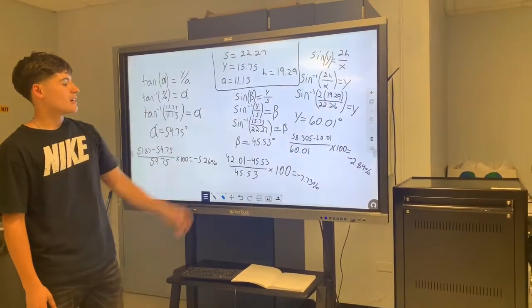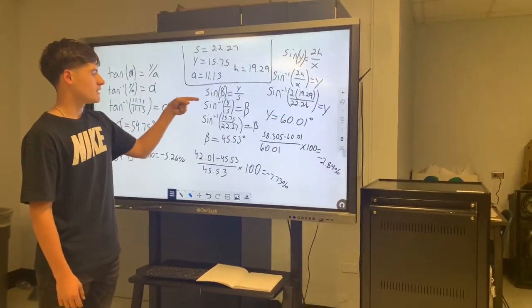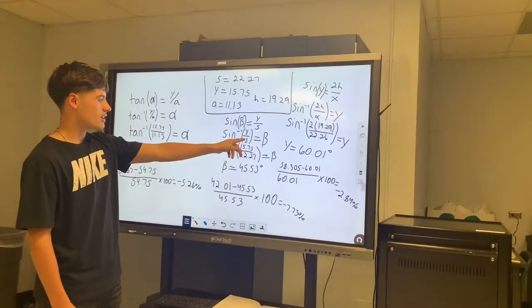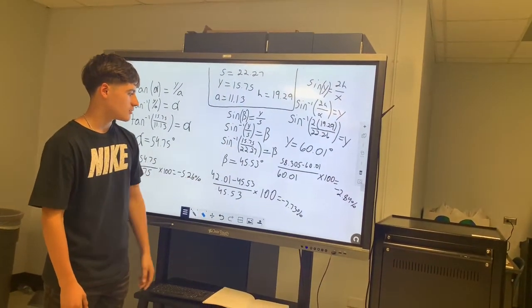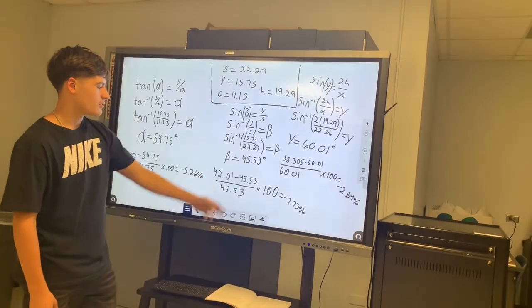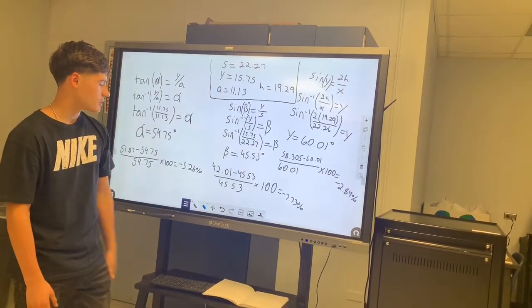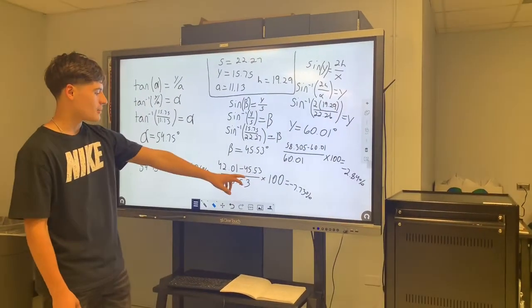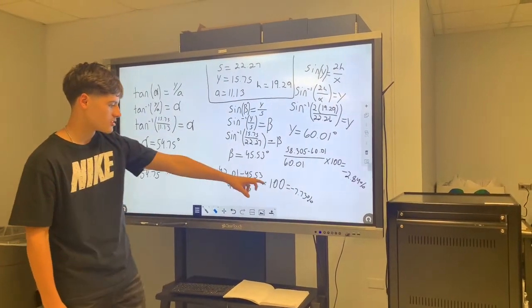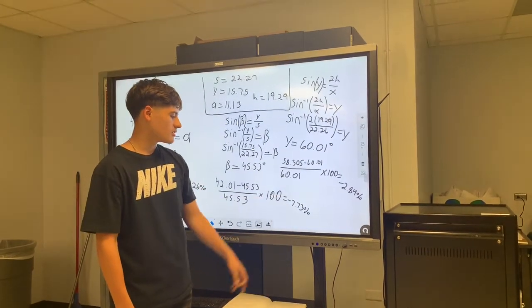Over here we have sine beta, and we need to find the inverse of this, so we plug in y over s, 50.75 divided by 22.27, and as a result we get 45.53 degrees. That's what beta equals. Then we get the original minus the optimized divided by the optimized times 100, which gives us negative 7.73% error.